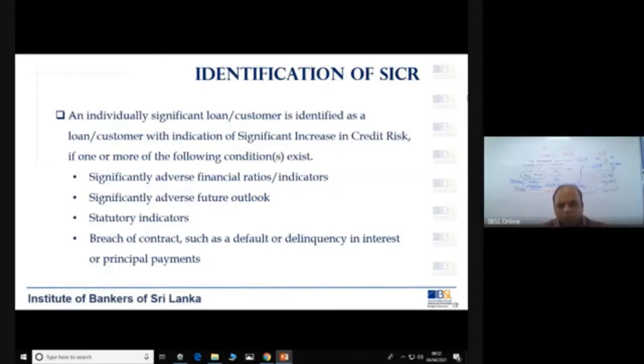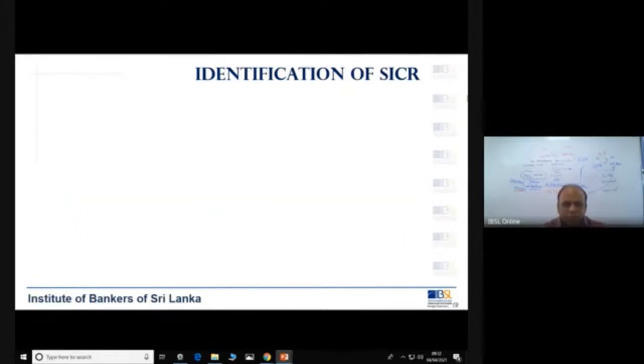So all companies in the tourism sector, like hotels, those who are doing tourist transport, so many things, all those companies are finding it very difficult to run their operation. Okay. Then you have statutory indicators where default of tax payments, issue of garnishee orders, so many things. Then you might also have indications of breaching contracts, right? That is also one of the indicators.